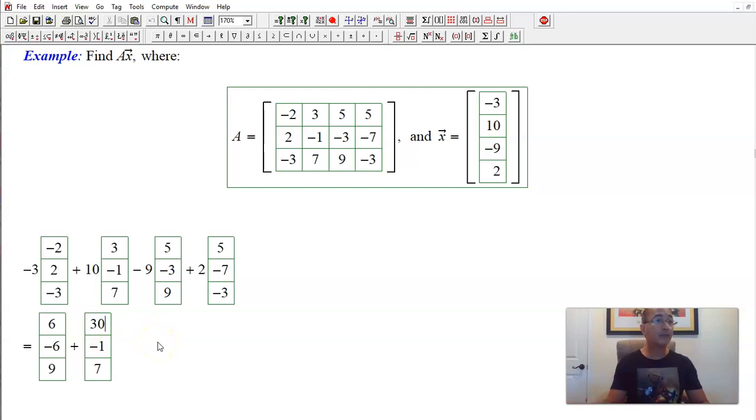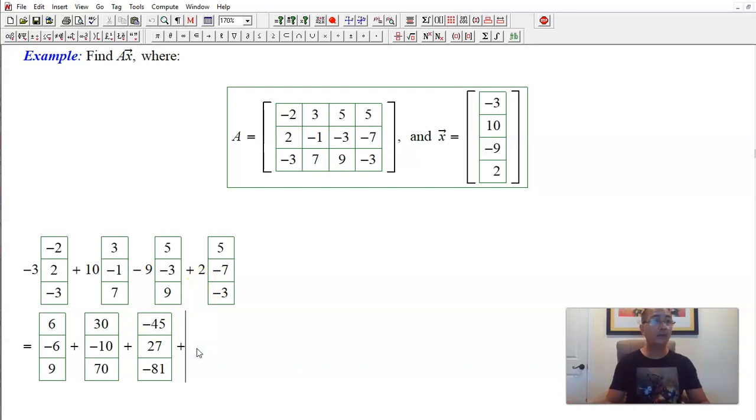So we will have 30, -10, and 70. That's easy. -9 times this vector. I'm going to put a plus on the outside and multiply the vector by -9. So we have -45, positive 27, and negative 81.